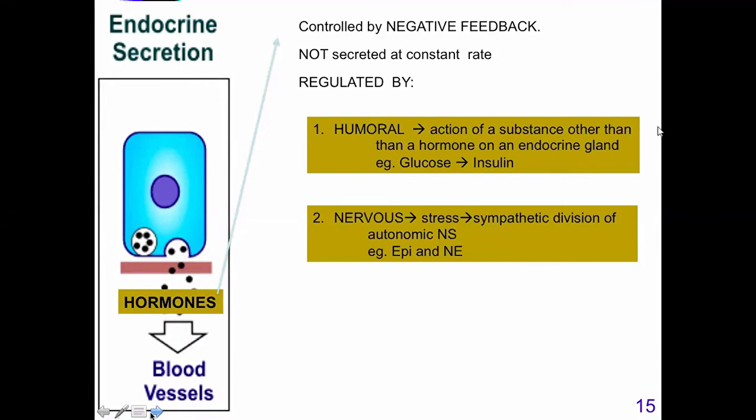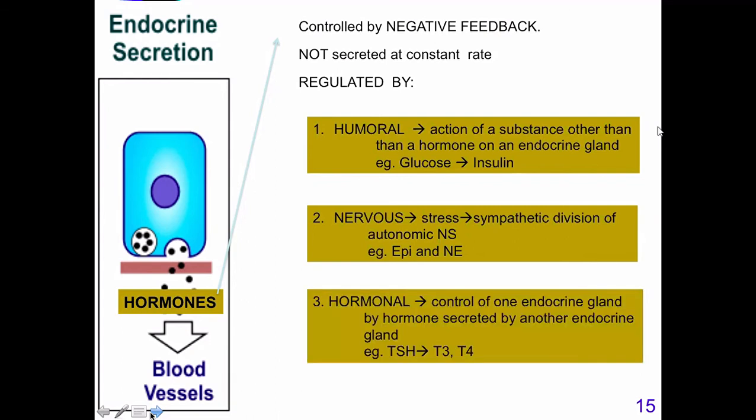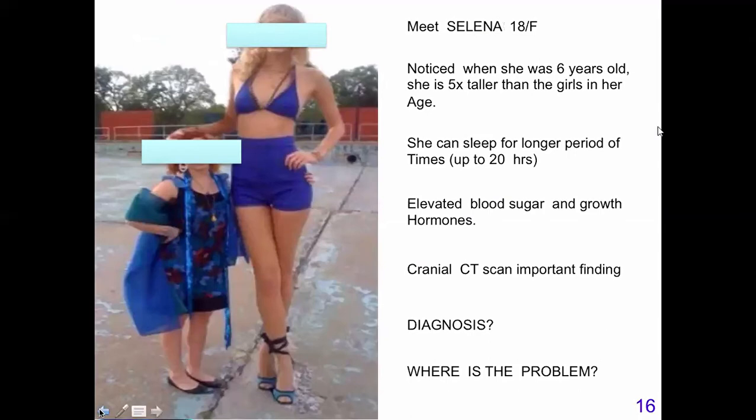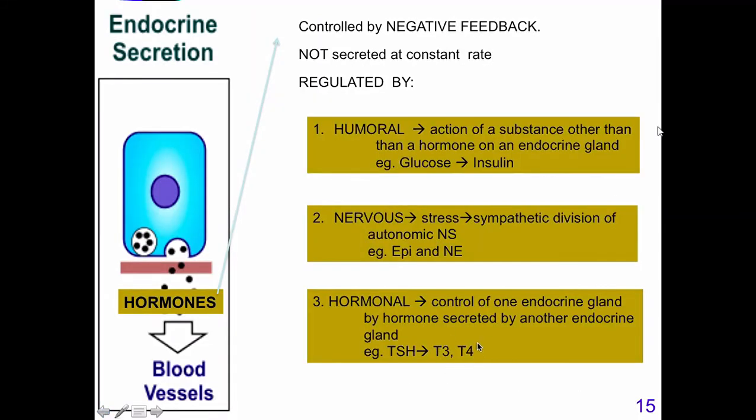Samples are epinephrine and norepinephrine during stress. And hormonal regulation, the control of one endocrine gland by a hormone secreted by another endocrine gland. So TSH is produced in your pituitary gland, which regulates or controls your T3 and T4, which are produced in your thyroid gland.